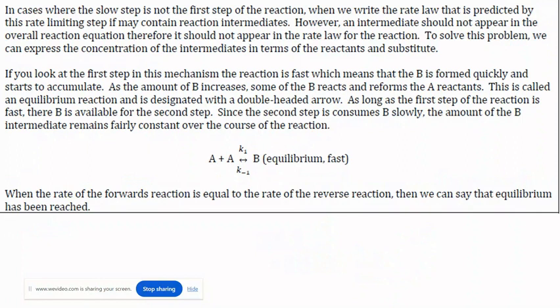Now, in cases where that slow step isn't the first step, again, we have to write that in, and we can also have what's called equilibrium, where you end up having A and A on one side and B on the other, and A is forming from B and B is forming from A. At equilibrium, that is your fast step.